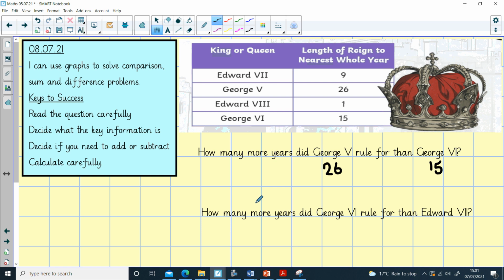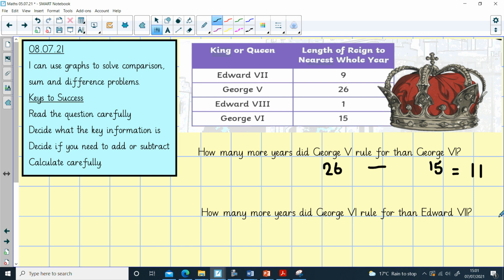I'm going to do 26 take away 15. I'm going to count back 6 to take me to the 20, and then I know it's another 5 to 15. So the answer is 11. George V ruled for 11 more years than George VI.